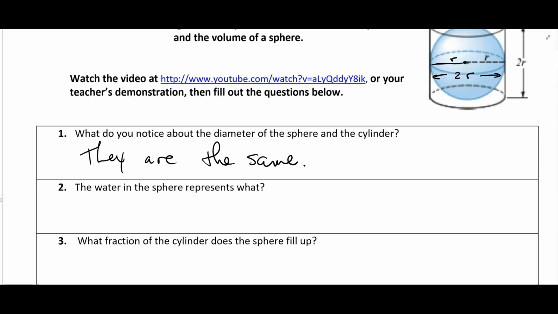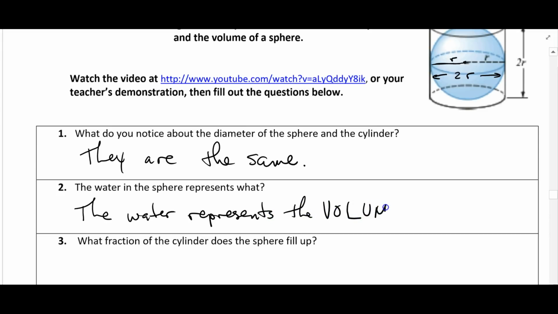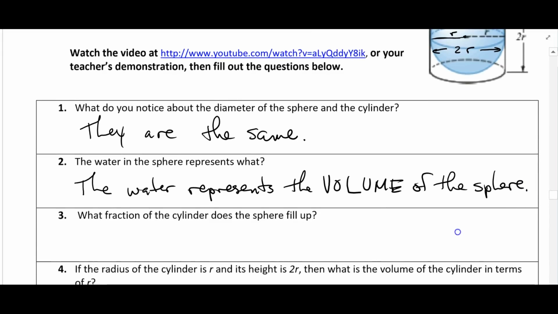And then the water in the sphere, what does that represent? Well, the water represents the volume of the sphere. So we were taking the volume of the sphere and pouring it into the cylinder.